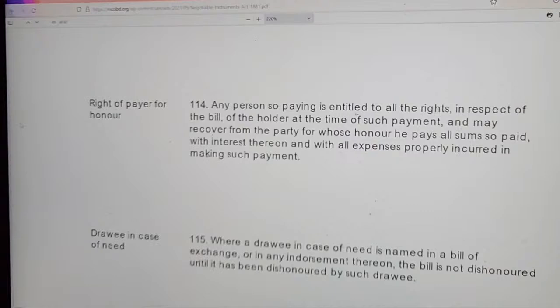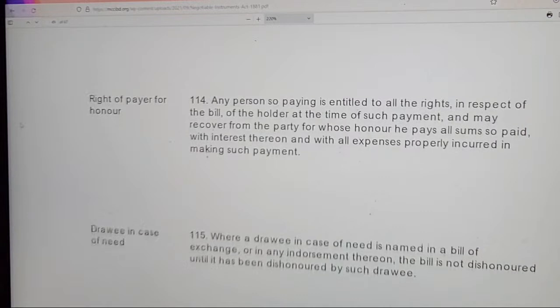Right of payer for honor. 114. Any person so paying is entitled to all the rights in respect of the bill of the holder at the time of such payment, and may recover from the party for whose honor he pays all sums so paid, with interest thereon, and with all expenses properly incurred in making such payment.